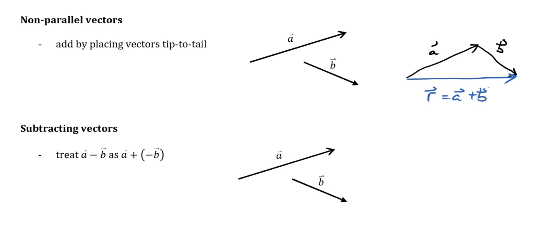Now, here's something that you can think about and visualize and try yourself on paper. What if I did B plus A? What would that look like? And think about this. If you walked 3 kilometers south, then 1 kilometer west, is that the same as walking 1 kilometer west, then 3 kilometers south?